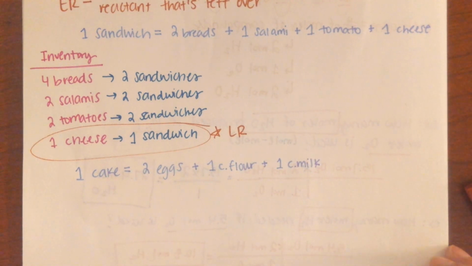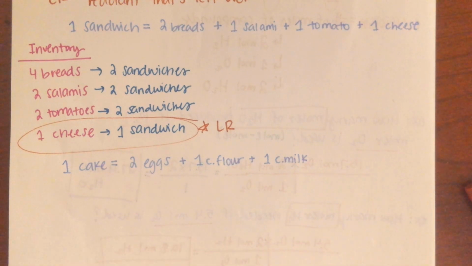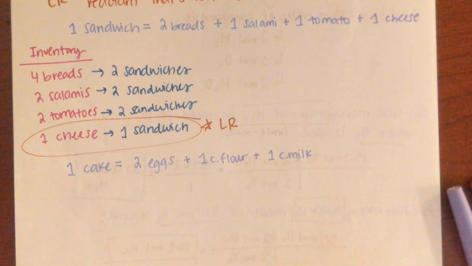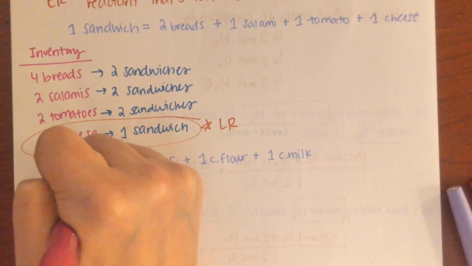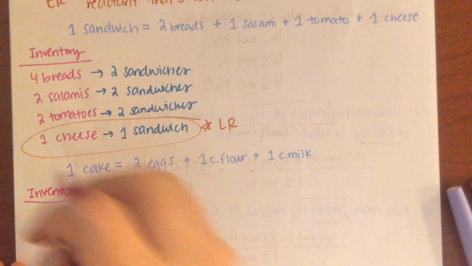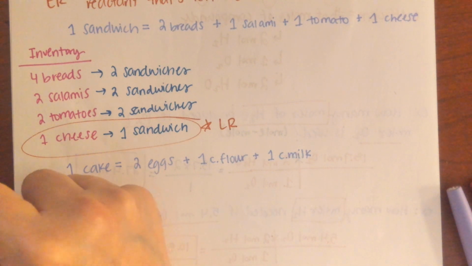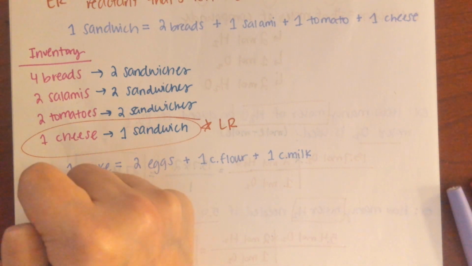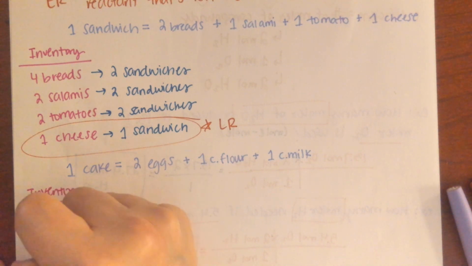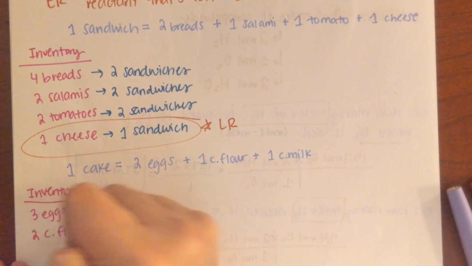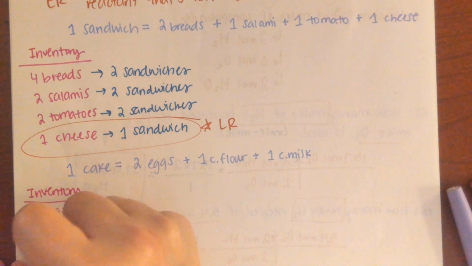What else do you use in a cake? Yeah, let's just do that. 2 eggs, 1 cup of flour, 1 cup of milk. But then your inventory, what you have left, is the following. Let's say I have 3 eggs. Let's say I have 2 cups of flour. Oh, flour, I completely misspelled that.